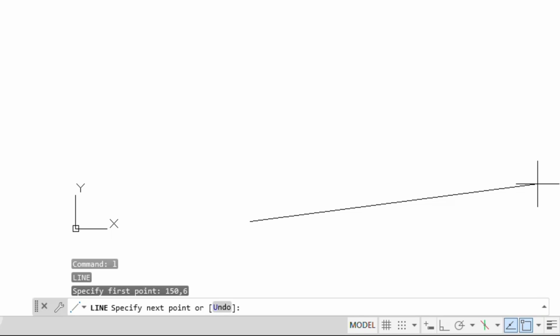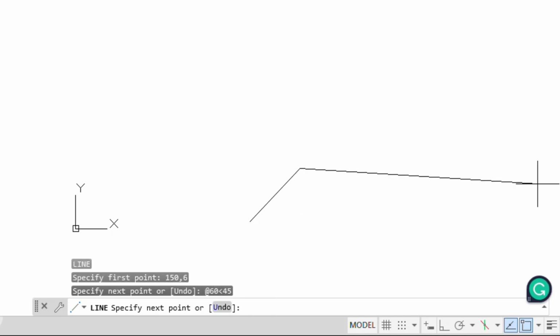So this is the polar coordinates method. That's why I give the @ symbol and then the distance. The distance is 60, then the less than symbol, then the angle is 45 degrees. This is point number 2. Next, point number 3. Again @ 20 less than 135.